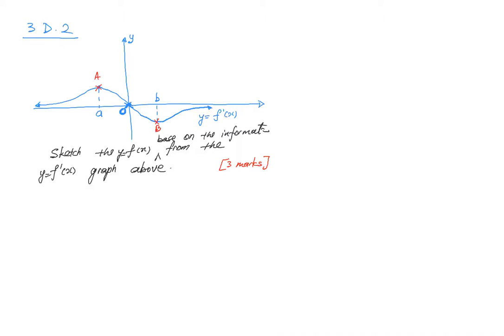Okay, I will tell you A and B are stationary points. This information will be given. Three marks, you have 4.5 minutes.